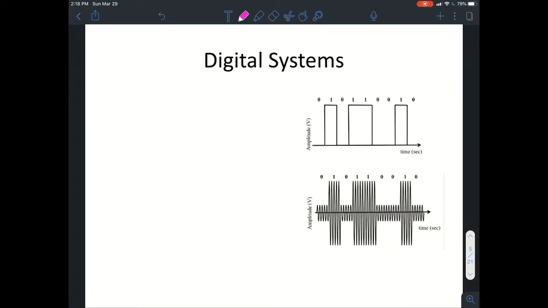So when we talk about digital systems, we're talking about any system that uses discrete electrical signals to store or transfer information.